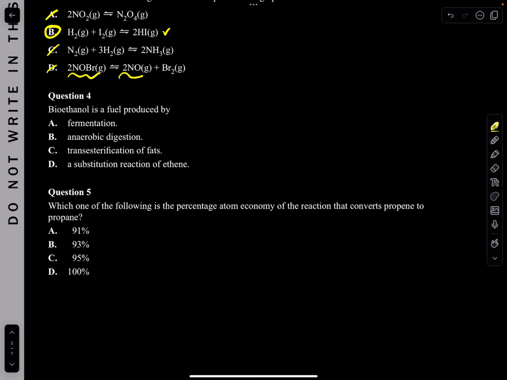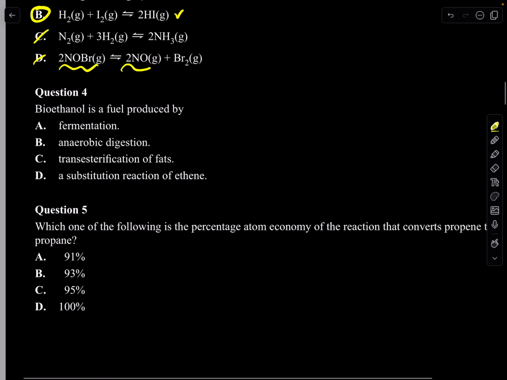Question 4. Bioethanol is a fuel produced by. So easy. Is it the fermentation, anaerobic digestion, transesterification of fats, or a substitution reaction of ethene? Bioethanol is basically produced through fermentation, the fermentation of glucose.